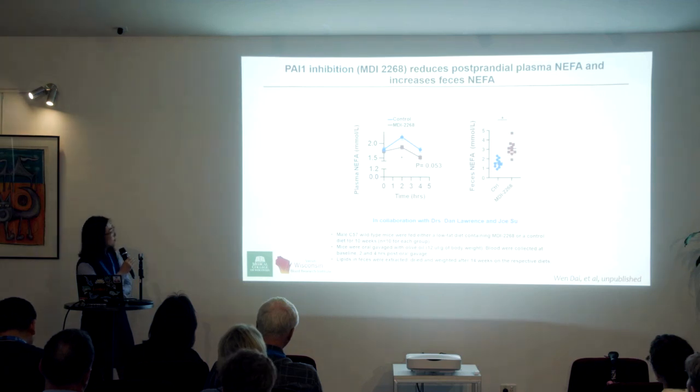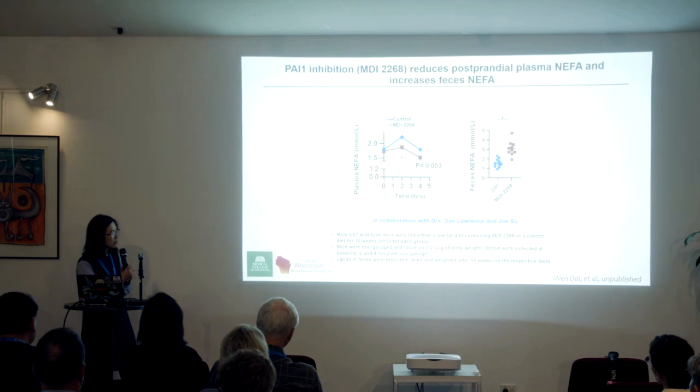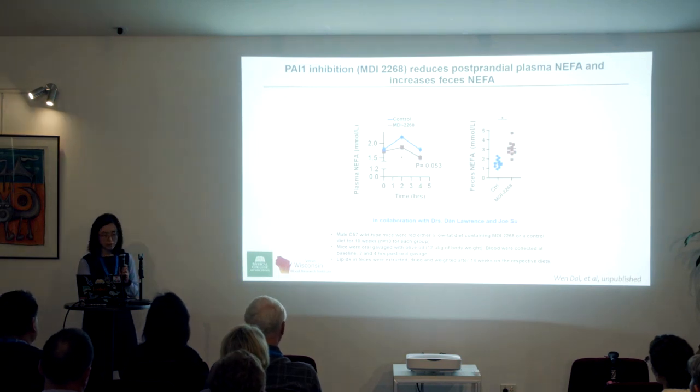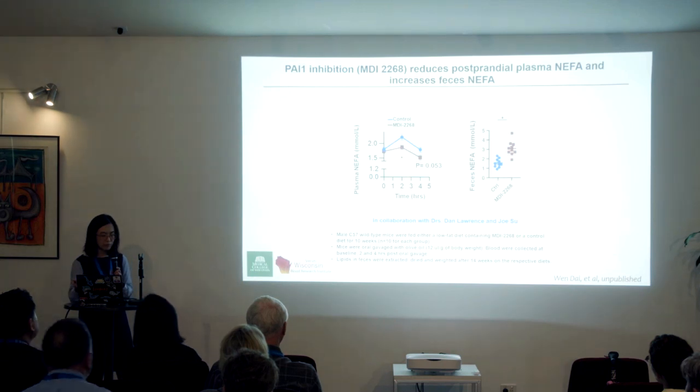And consistently, after treating the mice with the PAI-1 inhibitor and giving them the olive oil gavage, the inhibitor-treated mice have reduced fatty acid in the plasma. However, they actually have increased fecal fatty acid levels.